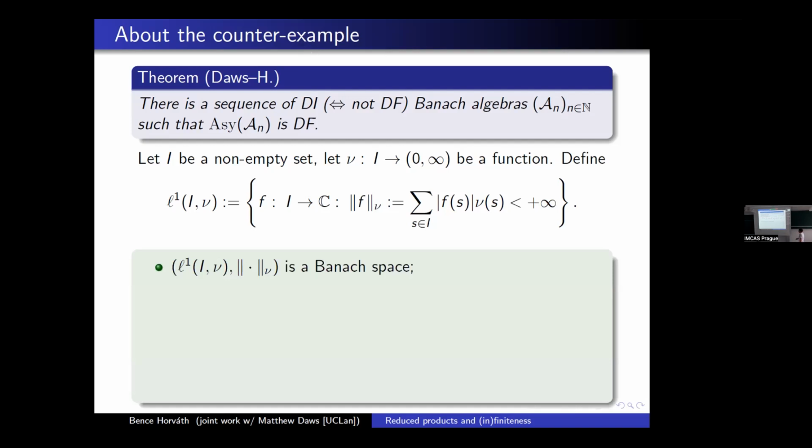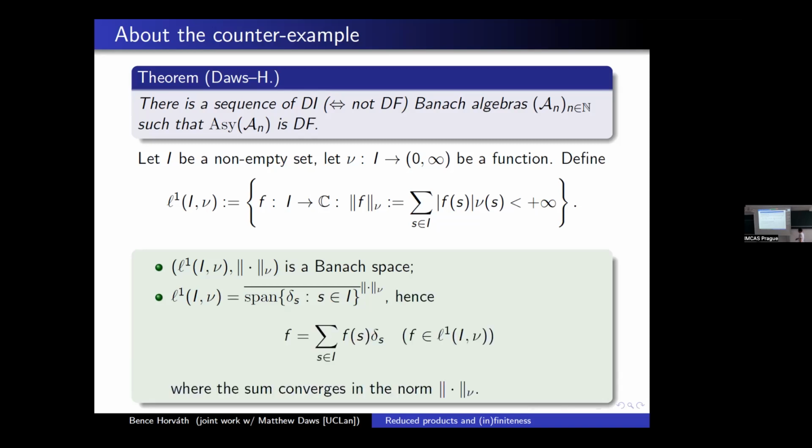This is of course a Banach space with this norm. And you can realize it as the closed linear span of the Diracs. So it's meaningful to write elements in this form because it converges in this norm. So bear in mind that the norm has these weights in it.